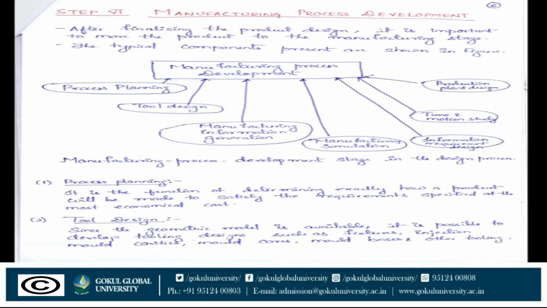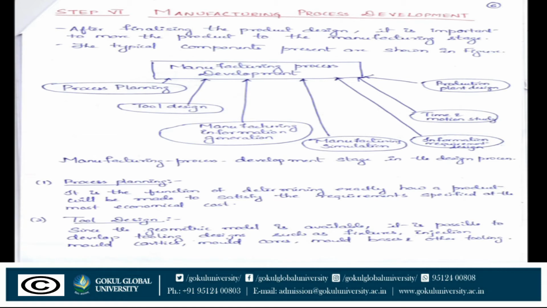Manufacturing process development is also a necessary step for process planning, tool design, manufacturing geometric modeling, manufacturing simulation, time reduction, and production of the main parts. So you have to consider all these tasks.